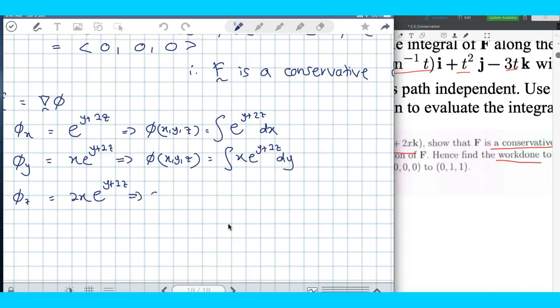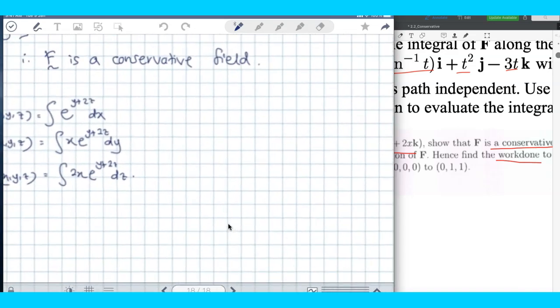And the third one, the integration of 2x e to the y plus 2z dz. Now we have to integrate. First, integrating with respect to x, you will get x e to the y plus 2z plus a. And then for y, you have to integrate the exponential function.